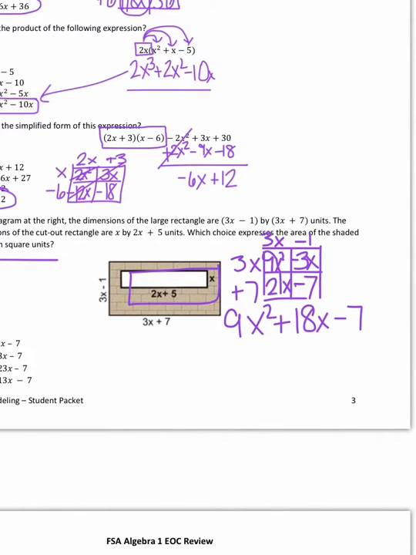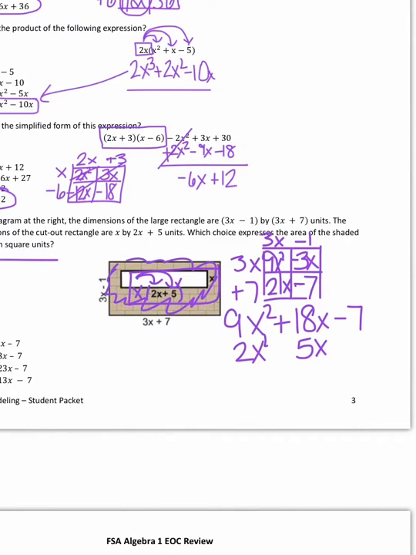So the nice thing about this is it's just distributive property. So I could go in front of that, right, like that. So then I'm going to do x times 2x, which gives me 2x squared, x times 5, which is 5x. Now notice I didn't put signs in yet. I know they're both positive to start. But remember, I want to find the area of just this shaded in region.